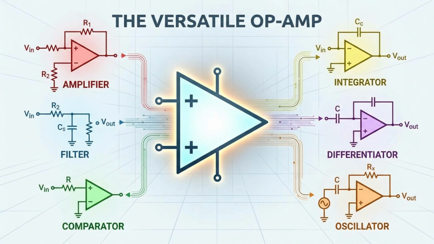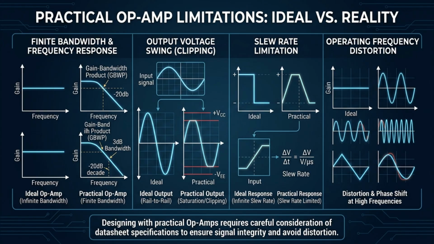The operational amplifier is one of the most versatile components in electronics. By changing only a few external components, the same op-amp can function as an amplifier, filter, comparator, integrator, differentiator, or oscillator. A common misconception is that an op-amp can amplify any signal perfectly.